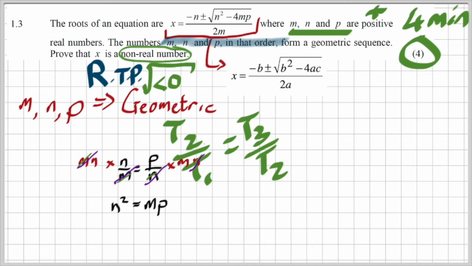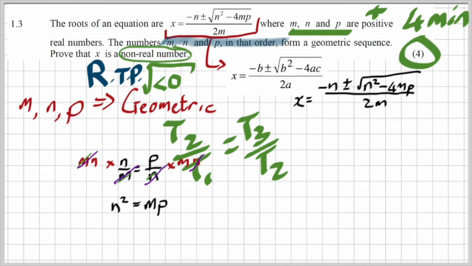Now, I'm not sure where I need to go with this at this moment, but I know that I need to get back to the original equation, the roots of the original equation, the solutions of the equation. I need to go back there. Now, I see something.